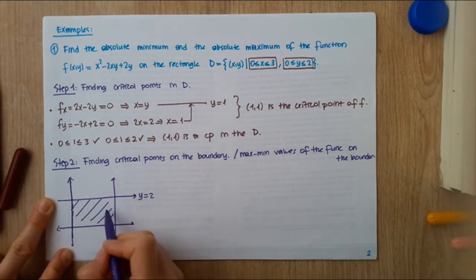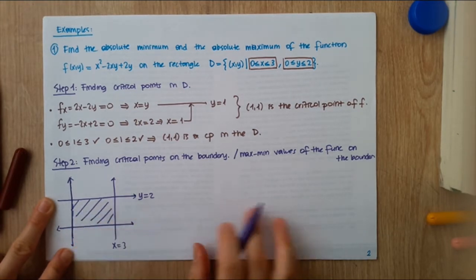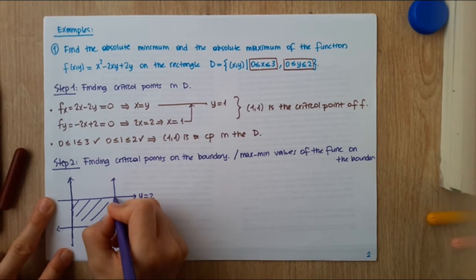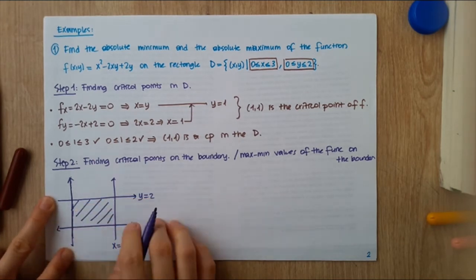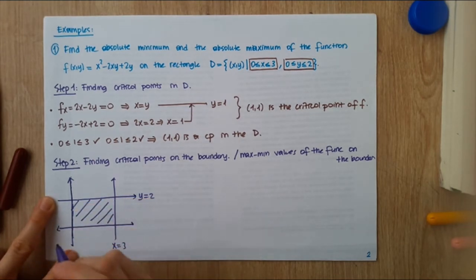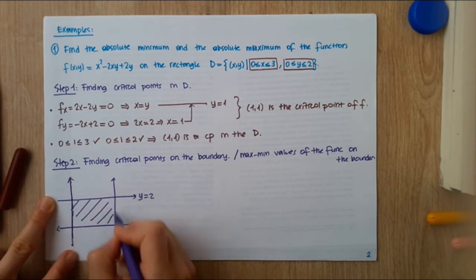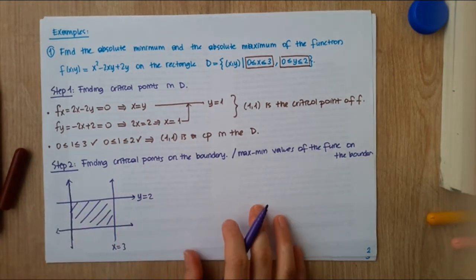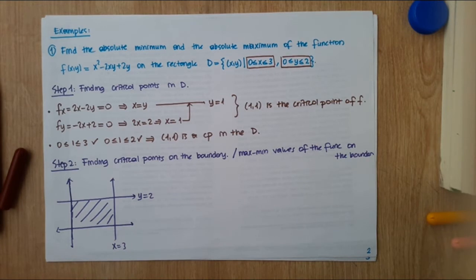Okay, we analyzed the interior points of the region, but it's time to use the boundaries. And as you can see, here we have 4 different sides of this rectangle. So because of that, we have 4 different boundaries.